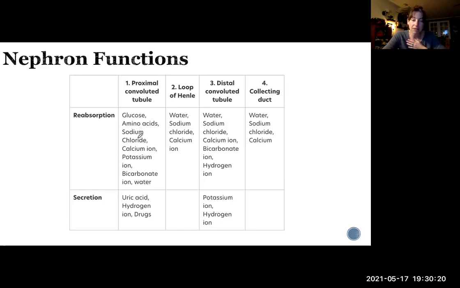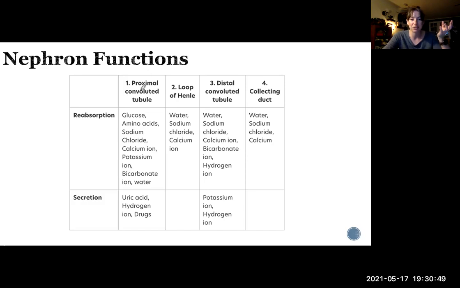Salts, probably. Calcium ions, you're going to want those. Potassium ions, you're going to want those to make action potentials, right? Very important. Bicarbonate ions, which are going to help make the blood more basic, so that's going to help buffer your blood. And water. After you've pulled it out in the glomerulus, you're probably going to want to take that stuff back and put it back into the blood.